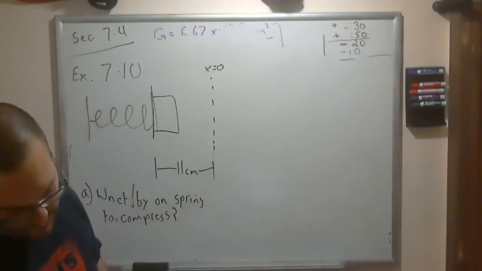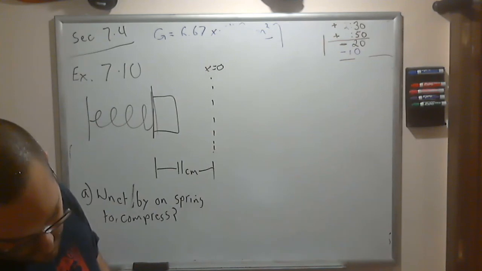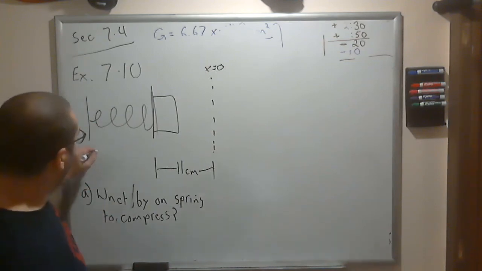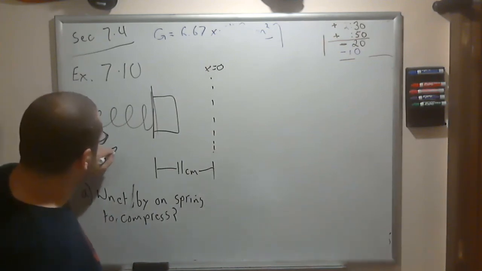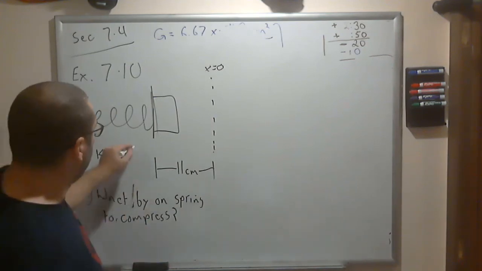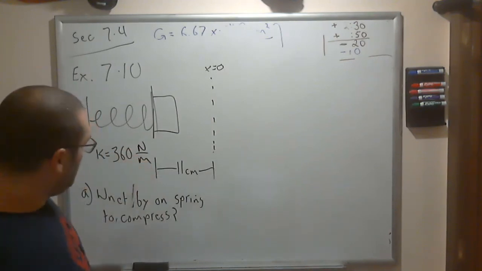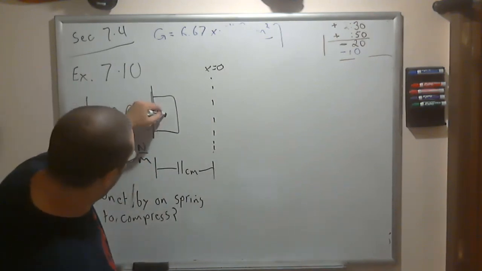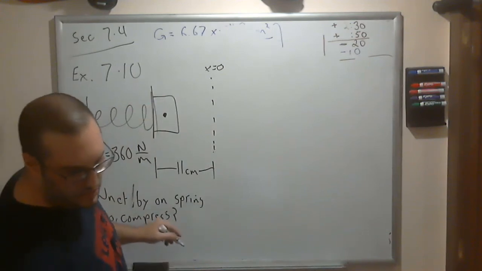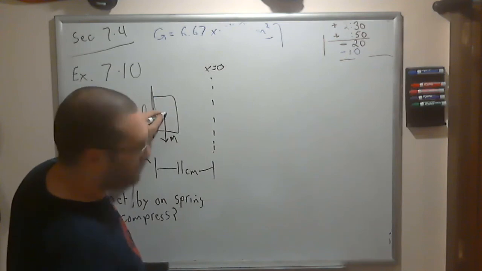All right. Well, let's draw. So the spring, they give us the spring constant is 360 newtons per meter, right? And now what are the forces on it? So there's mg, of course, right?